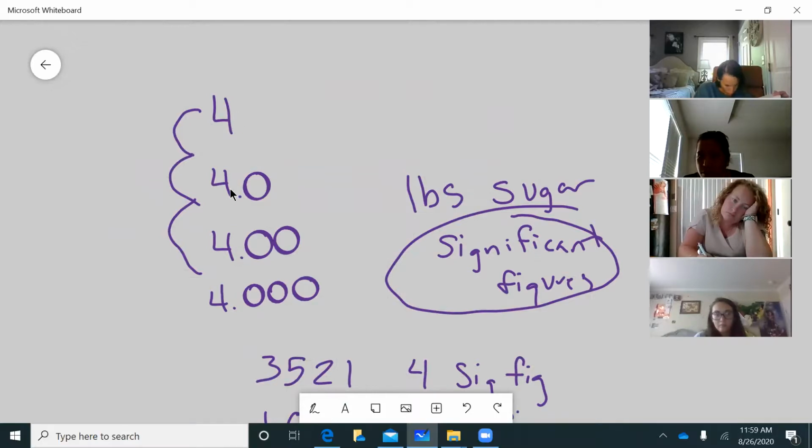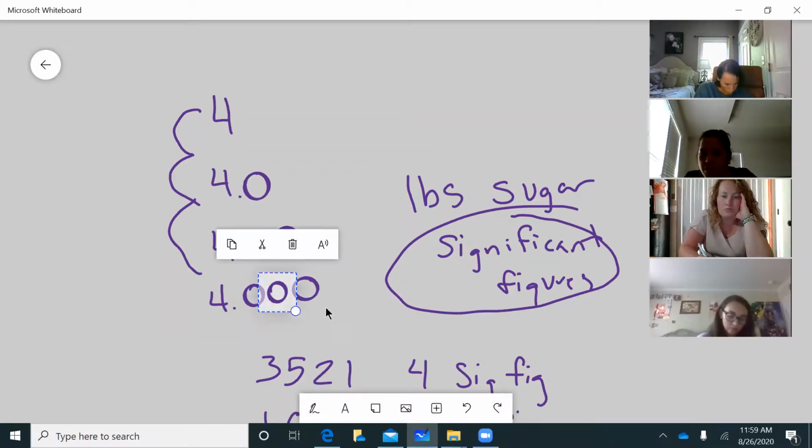Because of the third rule, zeros after the decimal, after the number, are also significant. So this number would have 2 significant figures, this guy would have 3, and this here would have 4. Obviously, as we continue adding zeros, we'd be getting more precise. Now, you can't just add zeros because you want to. You're adding zeros because the piece of equipment has given that to you.